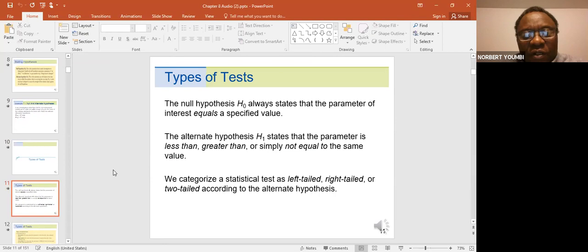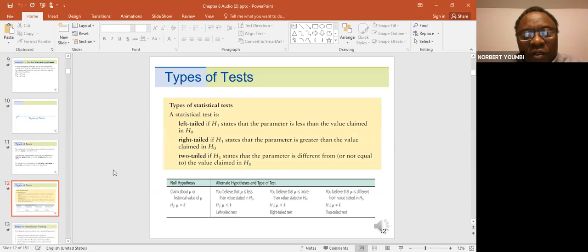Most generally, we will speak about one-tail and two-tail hypotheses, and the one-tail hypothesis is divided into two subtypes, that is left and right. In this slide, we are expressing the alternative hypothesis as a reflection of the type of test we are dealing with.